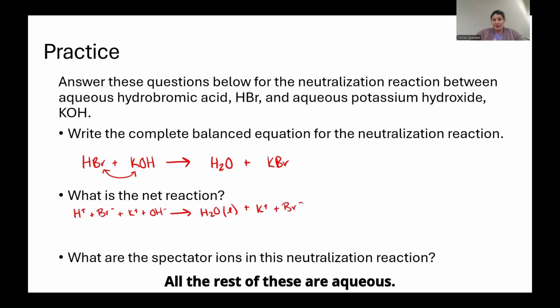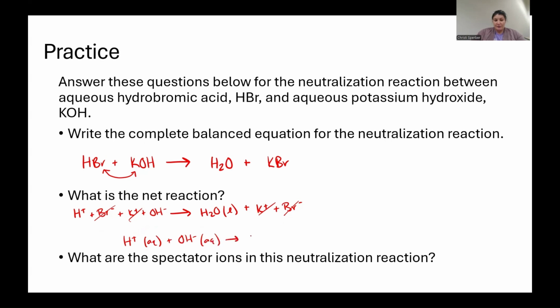All the rest of these are aqueous. We can cancel out our bromide and our potassium, and our net ionic equation is H+ plus OH- forms neutral water. And the spectator ions are potassium and bromide.